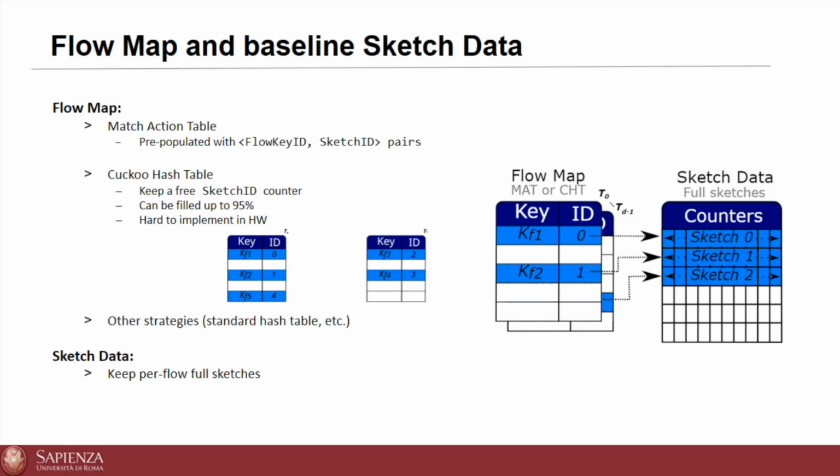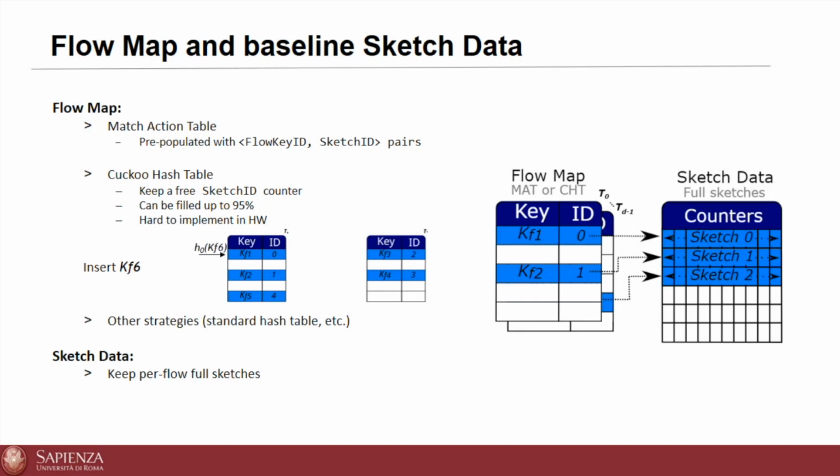In this way, we can dynamically insert new flows in the flow map as they are seen in a network trace. Whenever a new flow arrives, it is assigned a sketch ID taken from a counter that counts how many flows we have seen, and this new pair is inserted into the Cuckoo hash table.